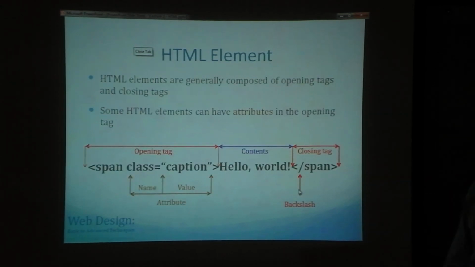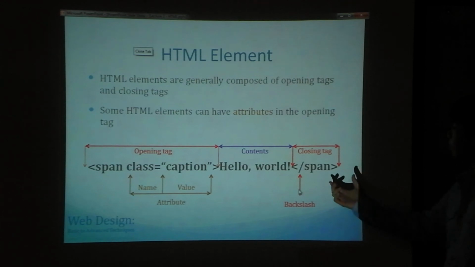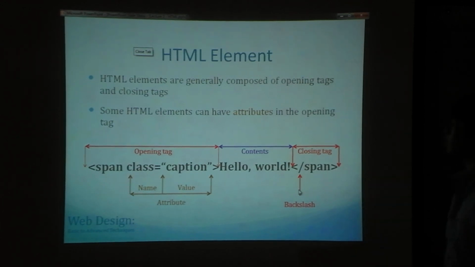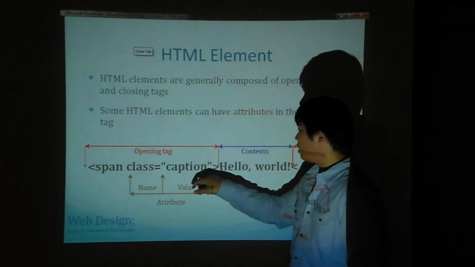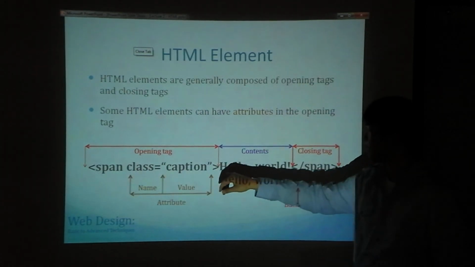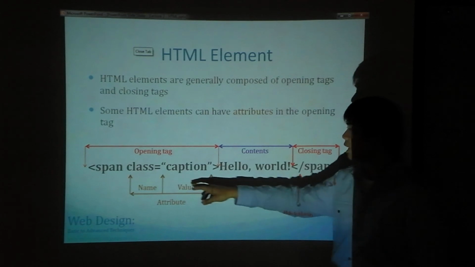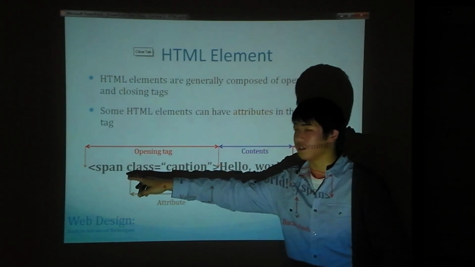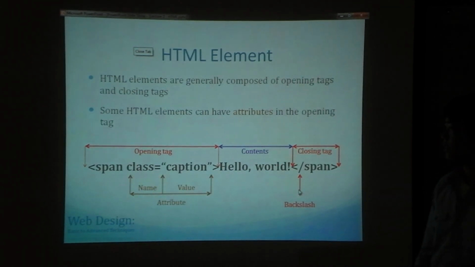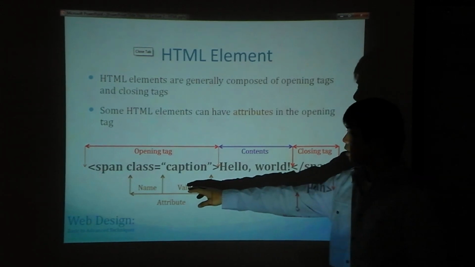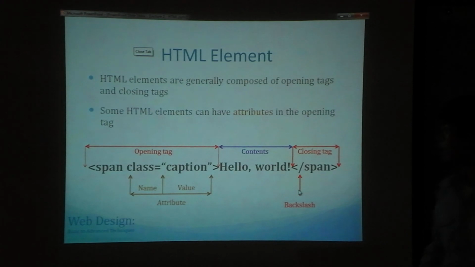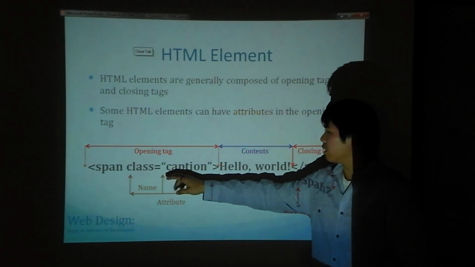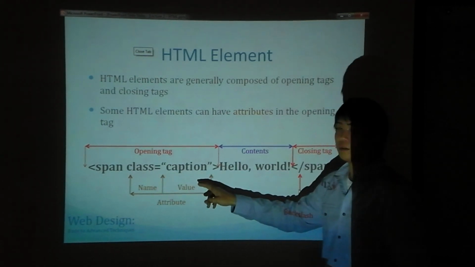Okay, so here's a more general description of what an HTML element is. Earlier I described an HTML tag, which you would see here, enclosed by the less than and greater than sign. Here we have an HTML element called the span. You'll learn more about what that is in a bit. And we have something called an attribute. Attributes are really interesting in that they always work in a name-value pair.